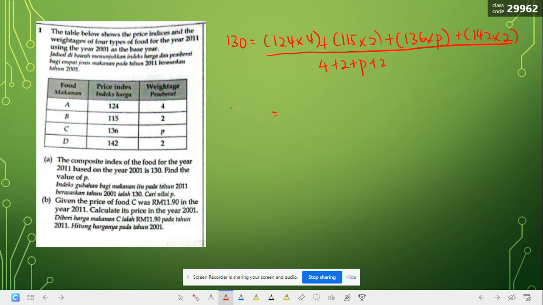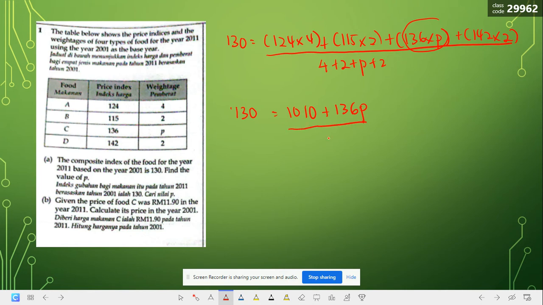Okay, so try to solve the question. 124 times 4, plus 115 times 2, plus 136 times P. We leave the P first, then we go to 142 times 2, close the bracket. Here you got 1010, and 136 times P becomes 136P.